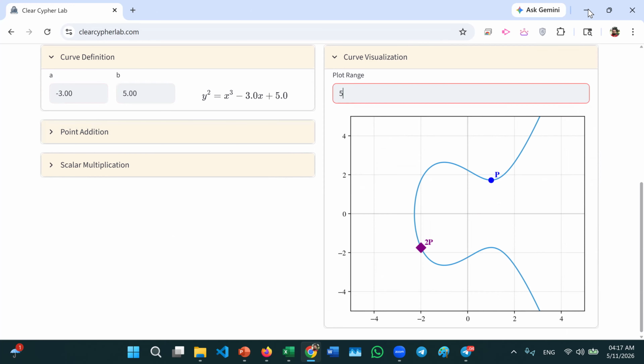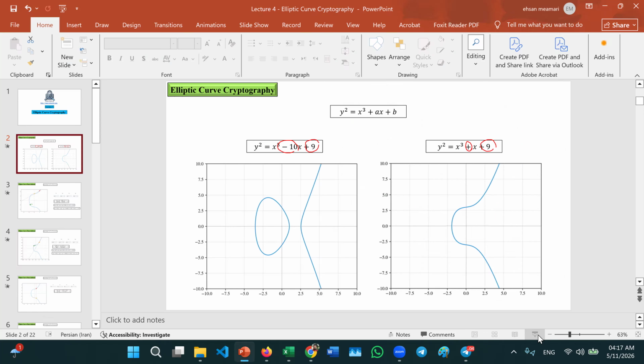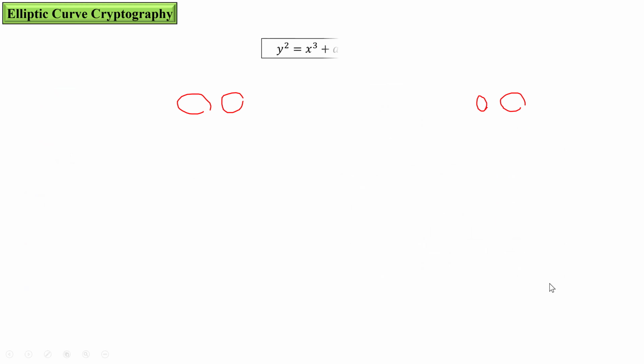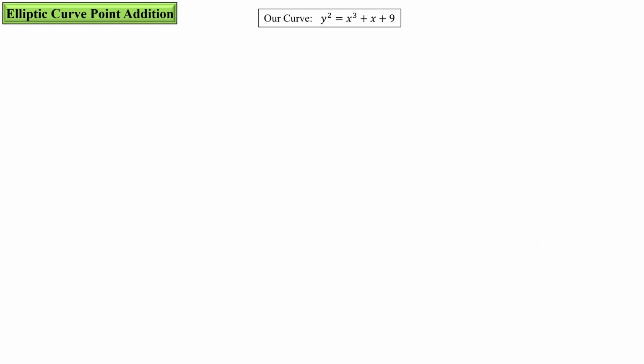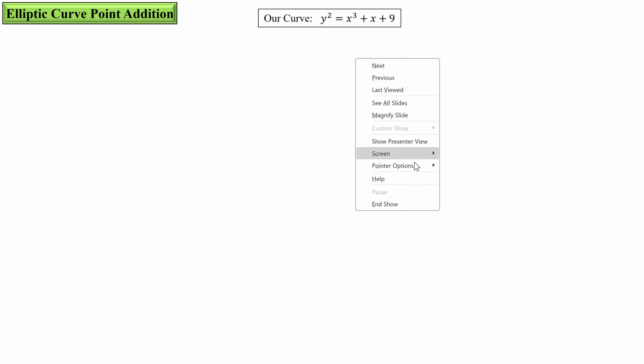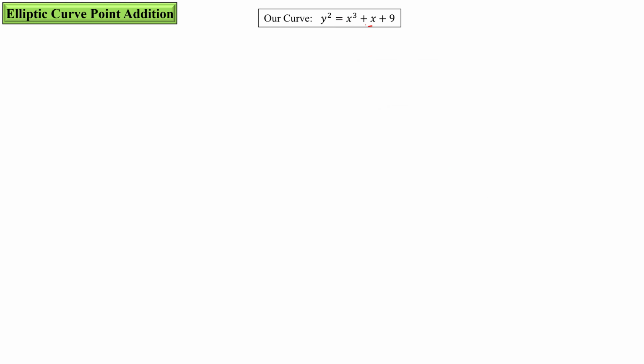Okay, so now we want to start the next discussion in elliptic curve cryptography, which is point addition on the curve. This is the curve that we will use for our discussion and computation, when you replace the value of A by 1 and the value of B by 9.